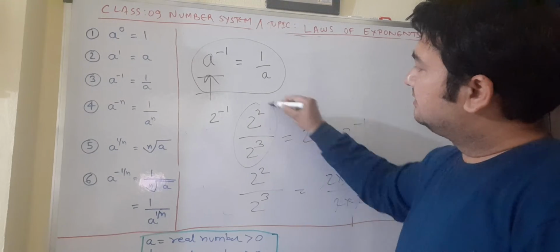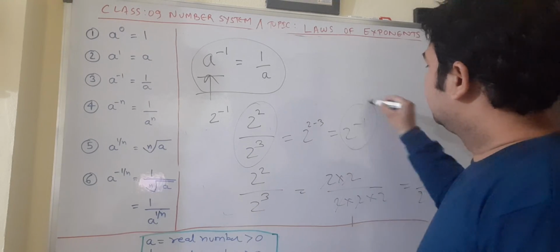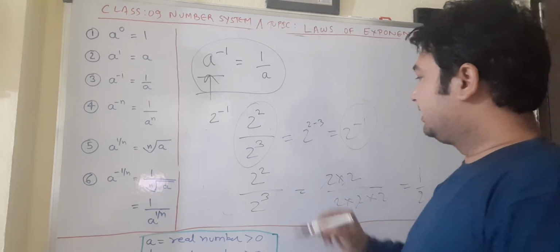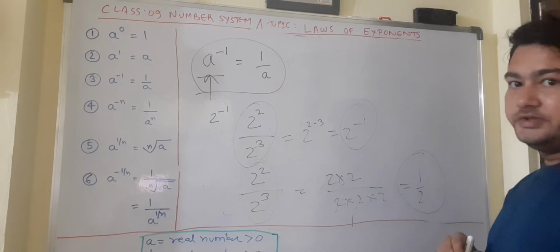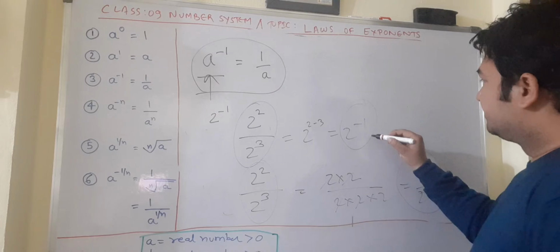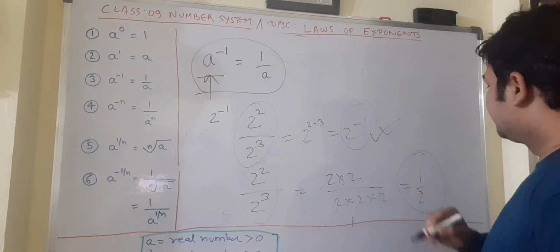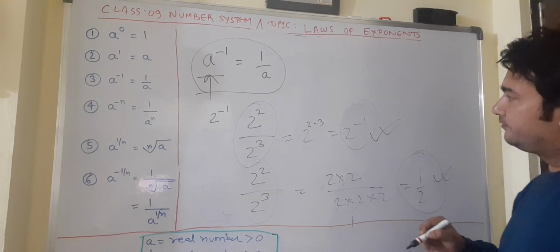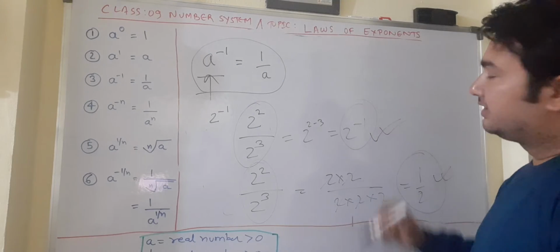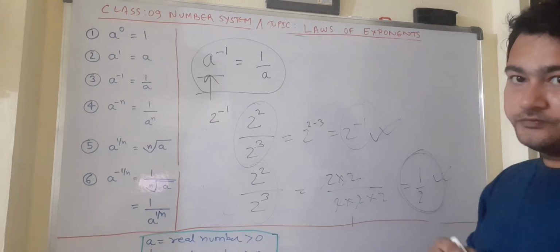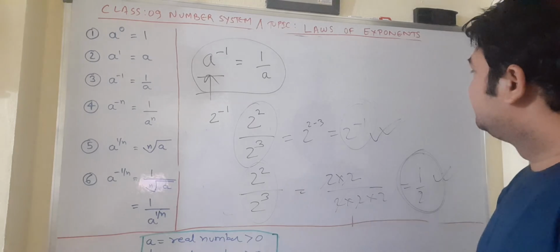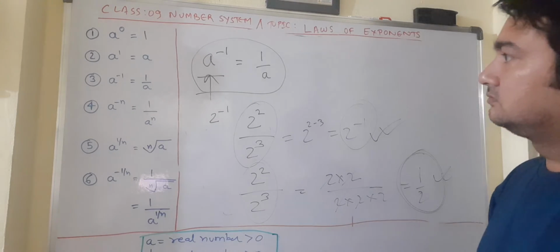So this one gives 2 to the power minus 1 here, and the same thing gives you 1 by 2 as its value here. So this means 2 to the power minus 1 is 1 by 2. So putting a minus 1 over here gives the reciprocal of this number, 2. Clear?